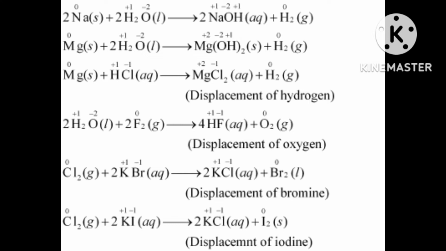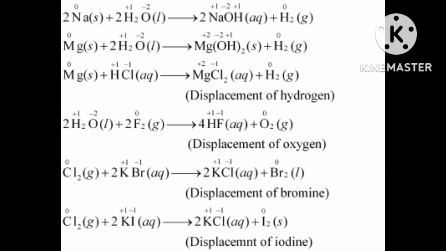Then what is the power of these elements as oxidizing agent? Because they accept electrons, fluorine, chlorine, bromine, iodine accept electrons, hence they are oxidizing agents. Here fluorine accepts electrons very fast.